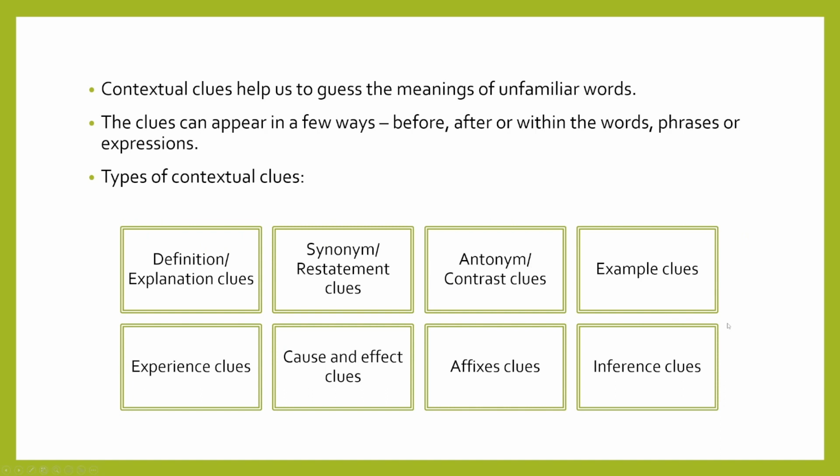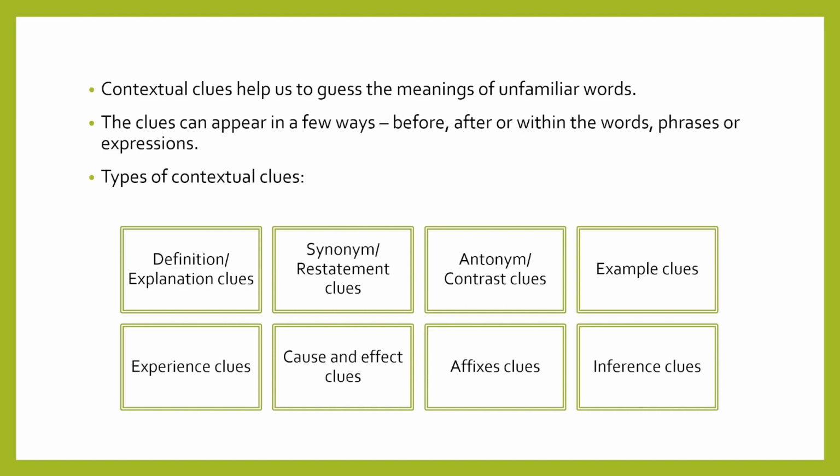So, contextual clues help you to guess the meanings of unfamiliar words. Whenever you are reading a particular text or sentence or passage, sometimes you might find words that you don't understand the meaning of. But there are certain words that will show you the clues or the information that you might need to understand the unfamiliar words.